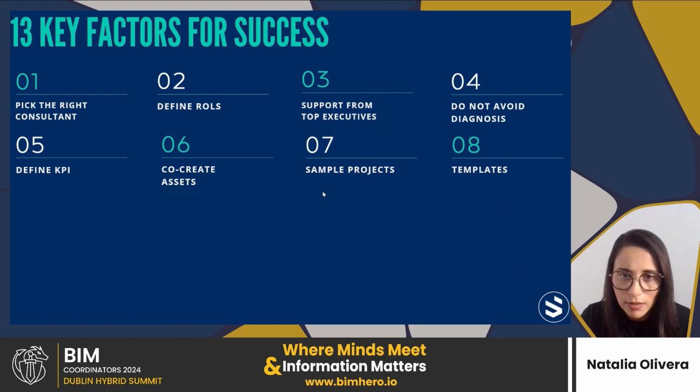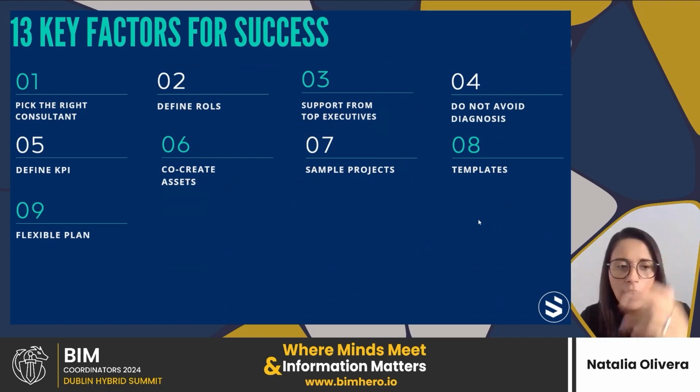Then, of course, developing templates is another key factor for success, and having a flexible plan. This is related to picking the right consultant and having a flexible plan. Flexibility in the sense of adaptability. If we notice that the hypotheses we were taking are not working, adapting quickly is essential and vital.